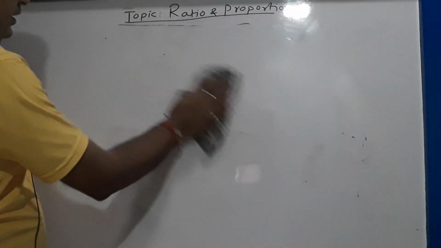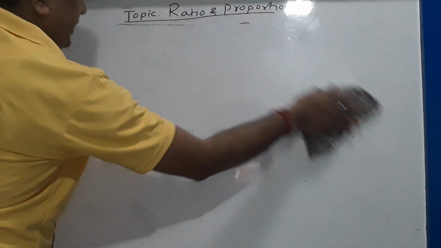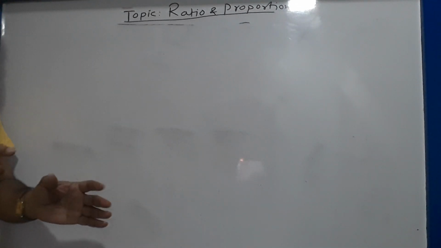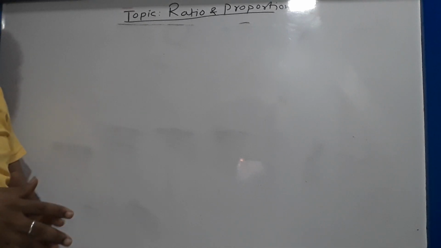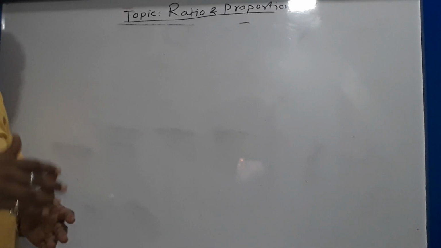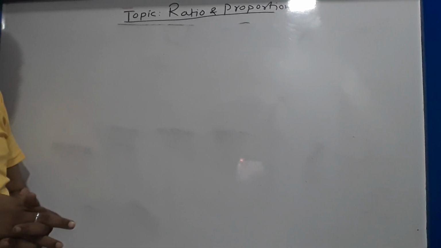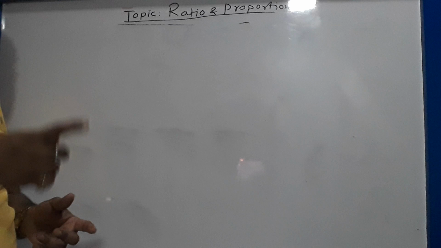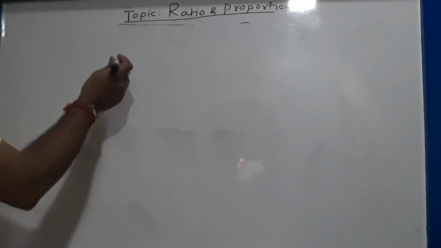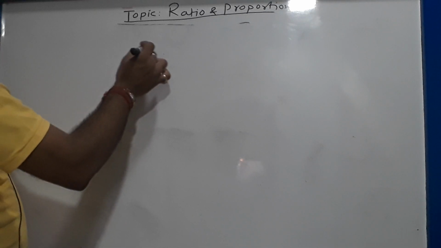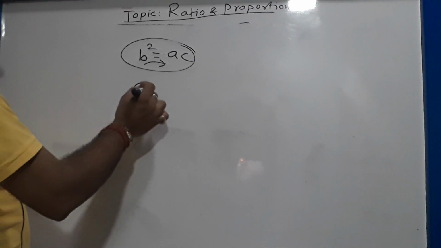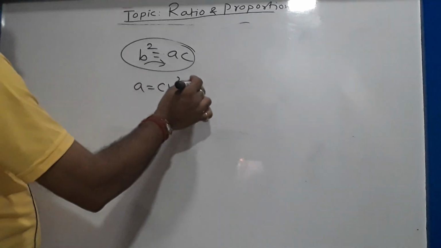Is it clear? So in continued proportion problems, there are two methods. One is direct, the other is K method. In the direct method, we replace B square by AC, and in the K method, we will replace A by CK square and B by CK.